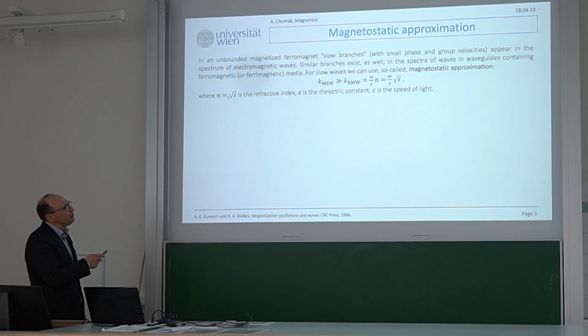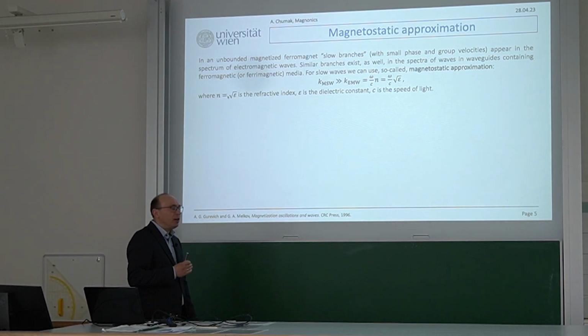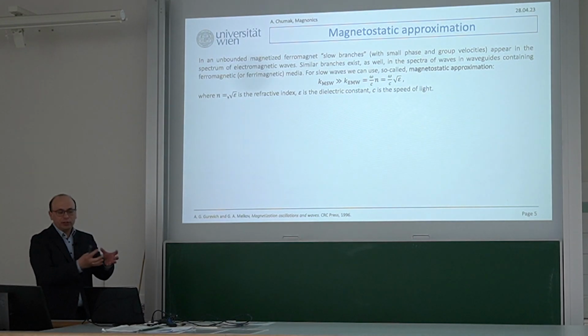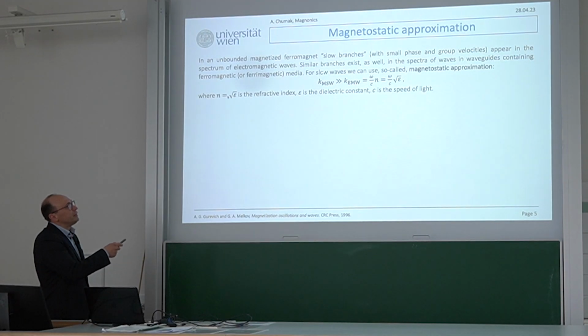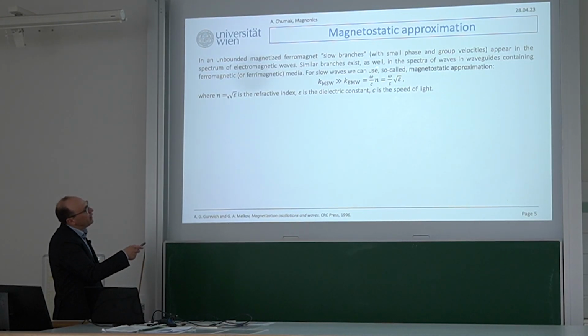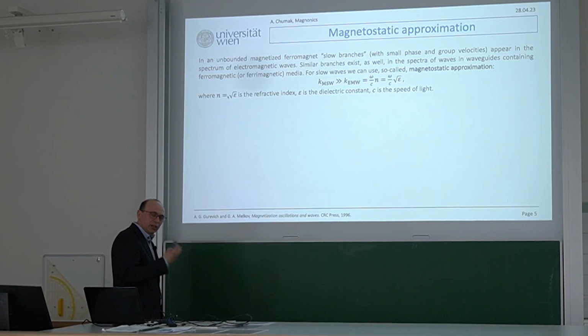So how to define magnetostatic approximation? Usually people compare k, because the speed also relates to the wave number. They say that waves or eigenexcitations in your magnetic media which have larger k compared to k of electromagnetic wave, when this one is satisfied, then you are working in the so-called magnetostatic approximation. And here n is refractive index, but usually refractive index is used for optics, for transparent media.